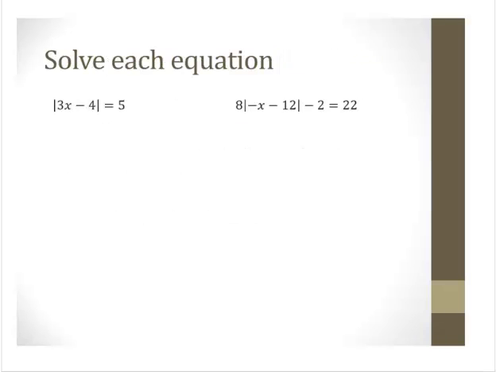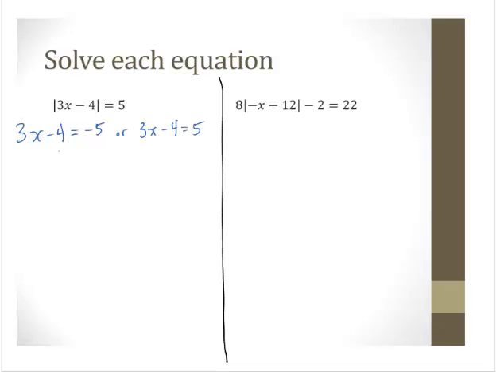Alright, so let's consider the equation absolute value of 3x minus 4 is equal to 5. Since we have an expression involving an absolute value equal to 5, we can break this up into two equations. We can say 3x minus 4 is negative 5, or 3x minus 4 is positive 5. Now we will solve each of those equations.